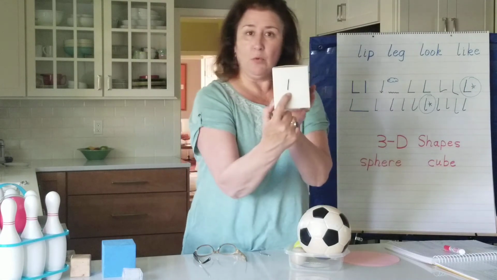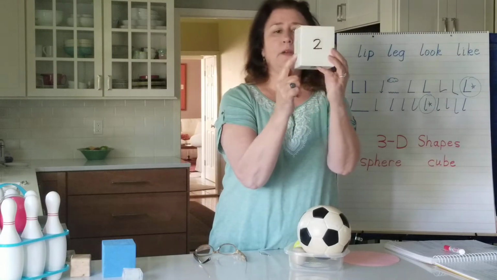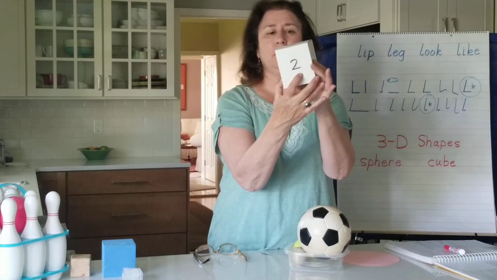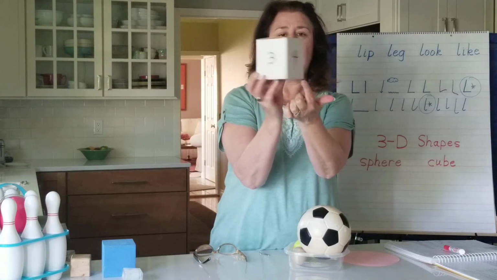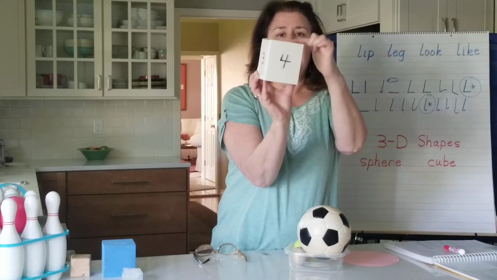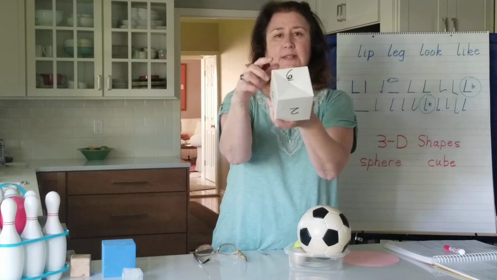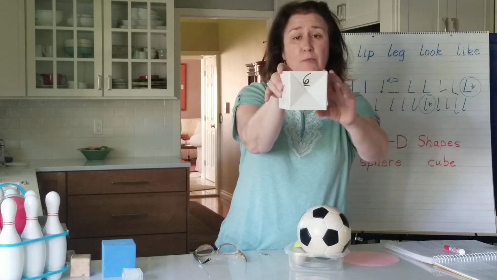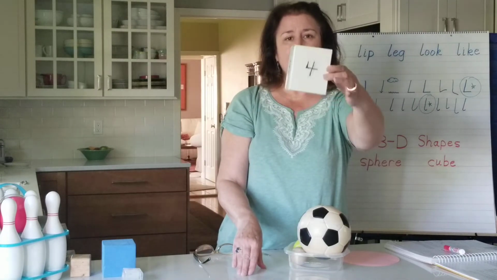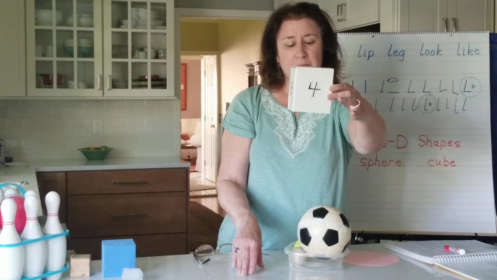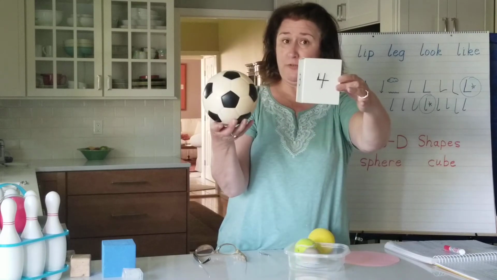And I numbered this cube so that we could figure out how many faces a cube has. So here's face number 1. Here's face number 2, 3, 4, 5 is up on top, and 6 is down on the bottom. So a cube has 6 flat sides. Different than a sphere.